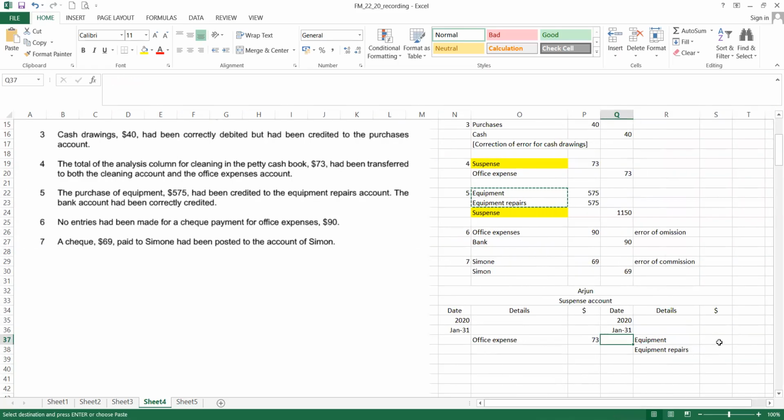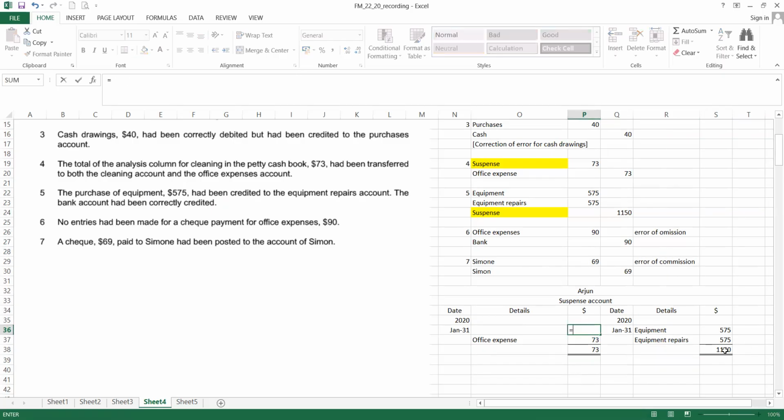So this one is how much? 575. Because it's only 2, that means we should have this side balance. So in this case, we bring this one up. Okay, so subtotal. Here take the credit minus 73.